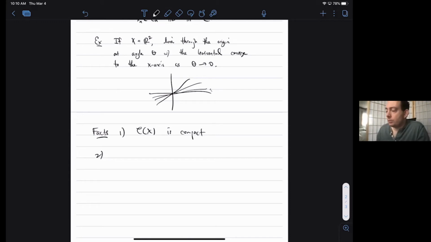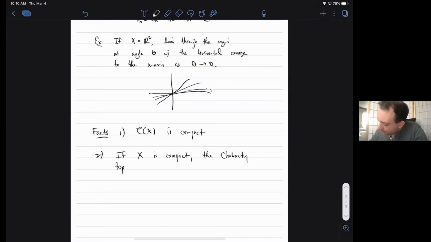And then I should mention that if X is itself compact, so if I start with a compact metric space, then the Chabauty topology is induced by the Hausdorff metric.